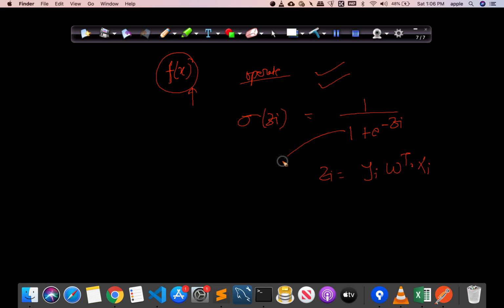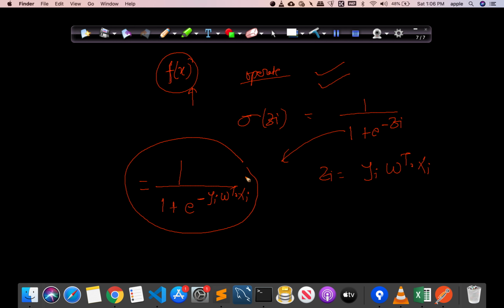So this whole function boils down to 1 upon 1 plus e to the power minus yi w transpose xi. Since I have not introduced you to optimization, I will not explain it in much detail. We will see it in later videos.